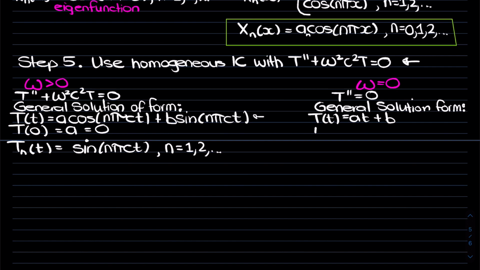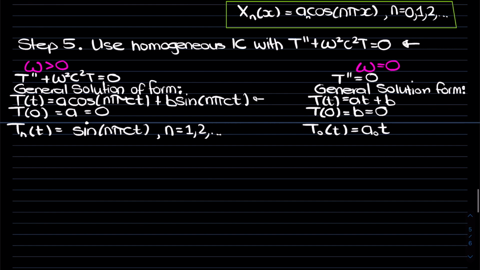If we plug in the homogeneous initial condition where t equals 0, we just get B, and B has to equal 0. So we can write T naught of t equals A naught t.